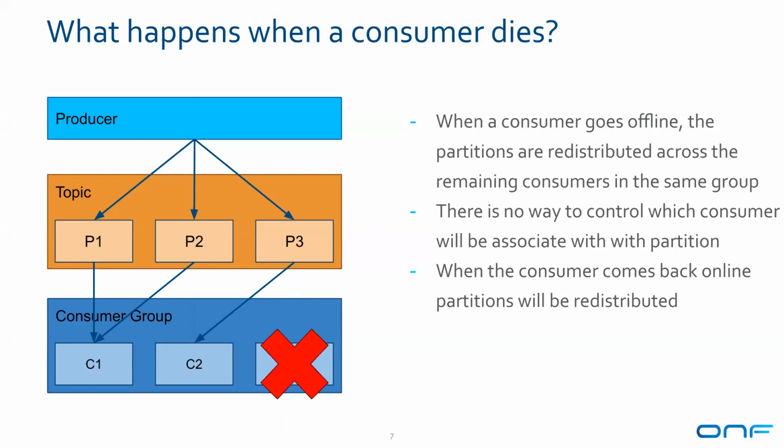Yeah, it will be a flip. When C3 dies, there will be a rebalancing. When it comes back, the associations will be the same as before if you use sticky partitioning. Okay, so now I understand sticky partition: when it is dead, things are going to change, but when it comes back, it'll come back to where it was before.